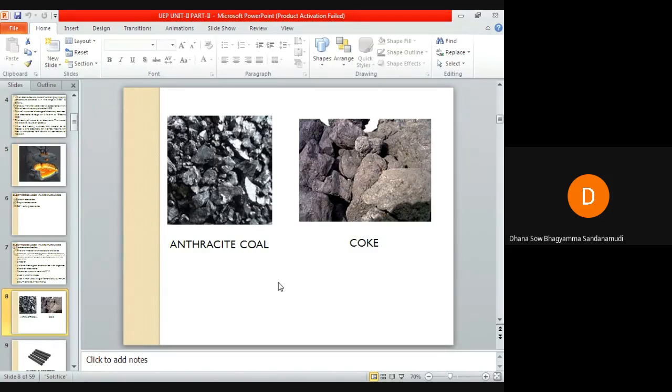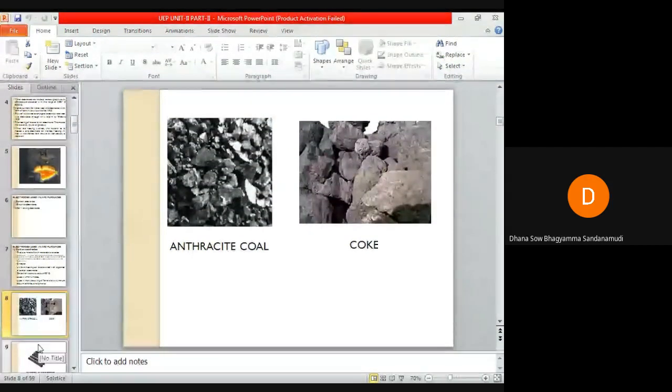The carbon electrodes are used for manufacturing of aluminium, calcium carbide, and phosphorus.